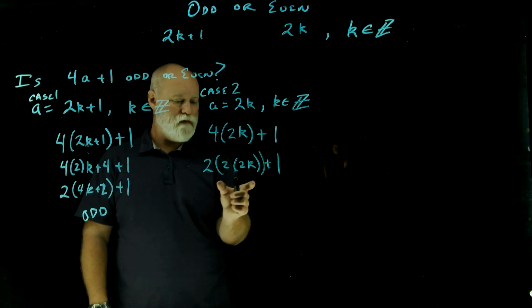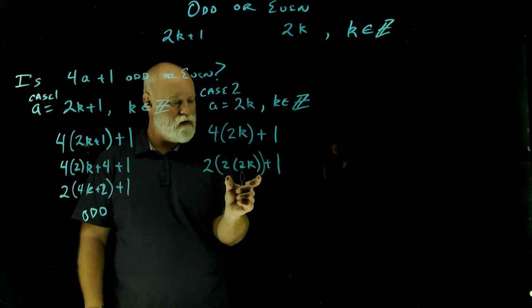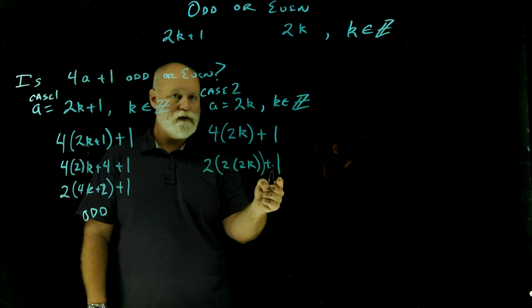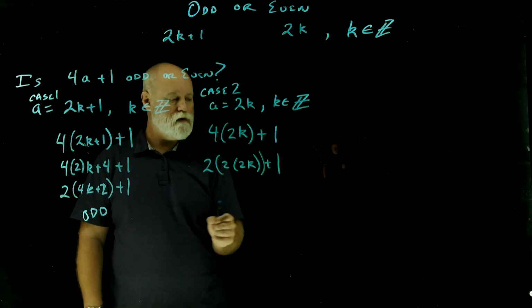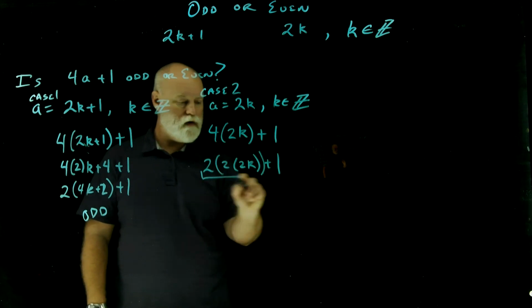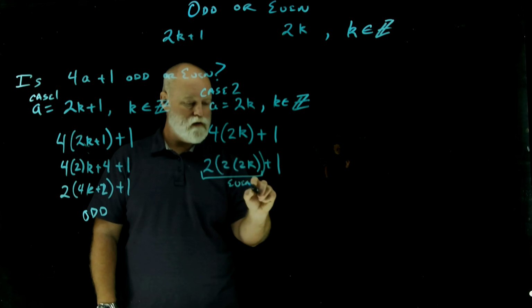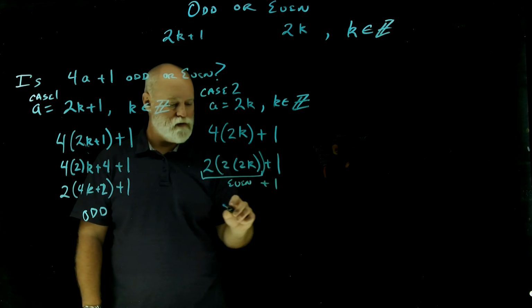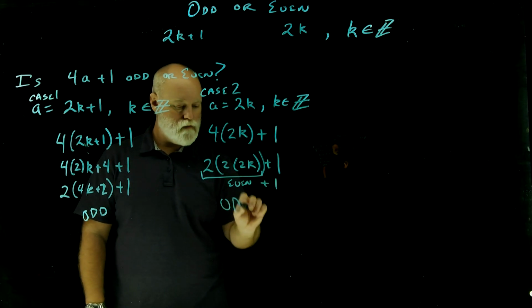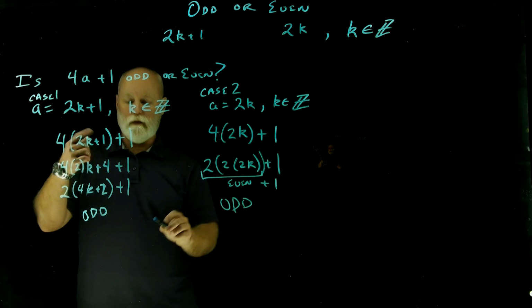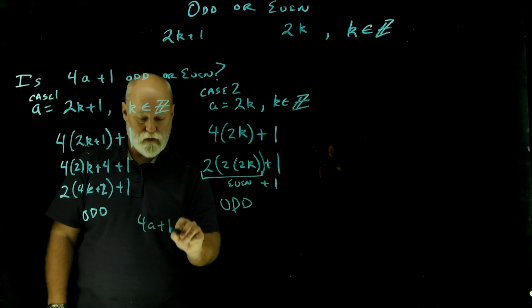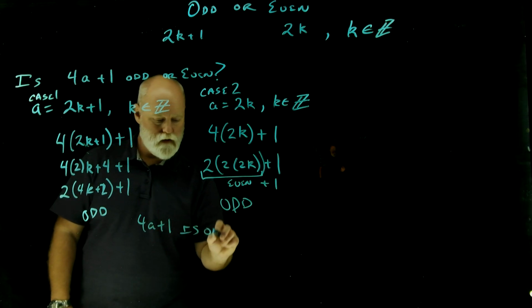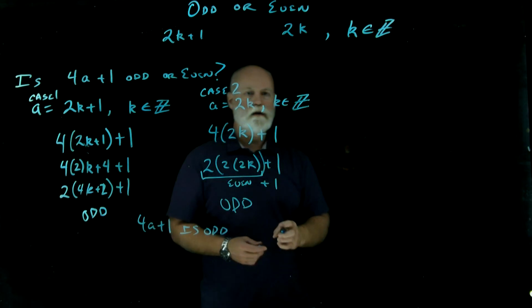But now what do I have? Once again, I have an even number plus 1, right? I have 2 times something, which this whole section right here is once again even, plus 1. Even plus 1 makes it odd again. So 4a plus 1 is odd, always, right?